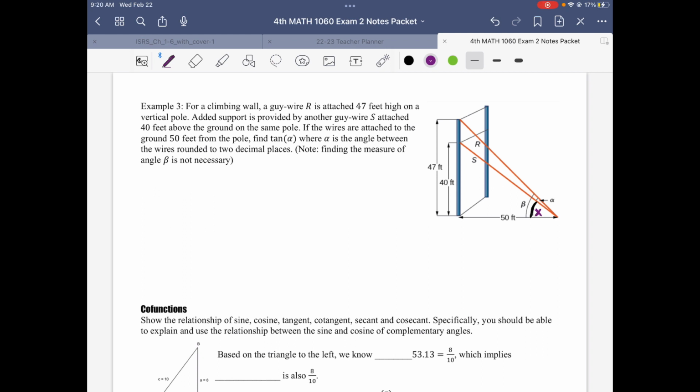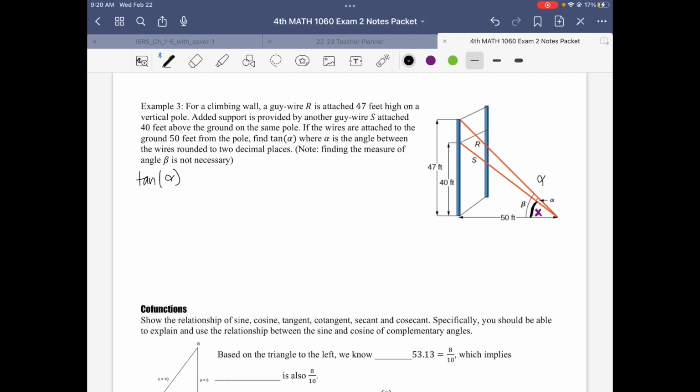Okay. Now what it wants me to find is the tangent of alpha. Okay. So that means I need to be able to do something with the tangent. I need to be able to do something with alpha. I need to know something about alpha. But I can't say, oh, it's just opposite over adjacent, because this isn't a right triangle. So we need to find a different way around this.